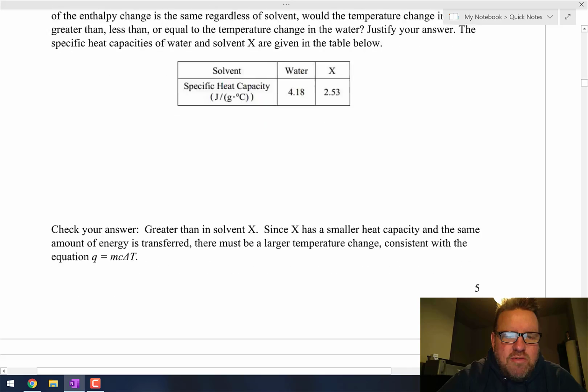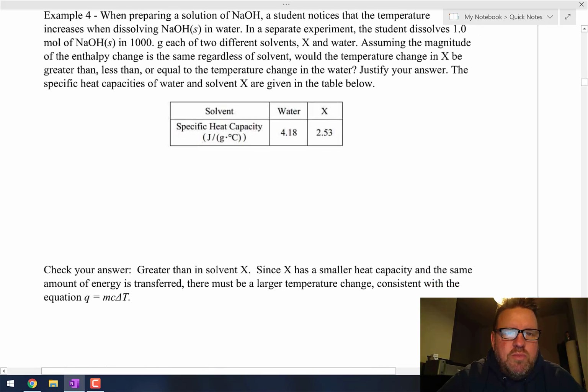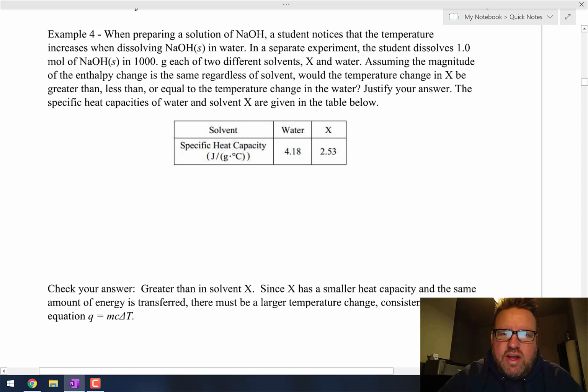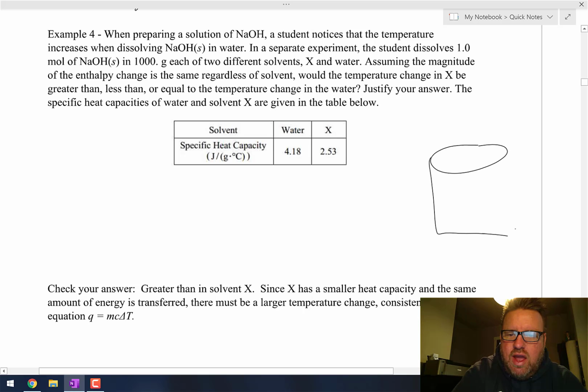Okay, and then example 4 says, when preparing a solution of sodium hydroxide, a student notices that the temperature increases when dissolving NaOH in water. So if you take some powdered NaOH and you put it into some water, the temperature will absolutely go up.